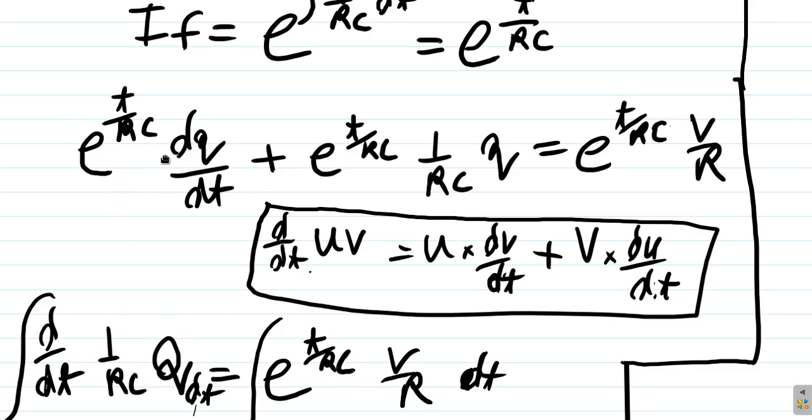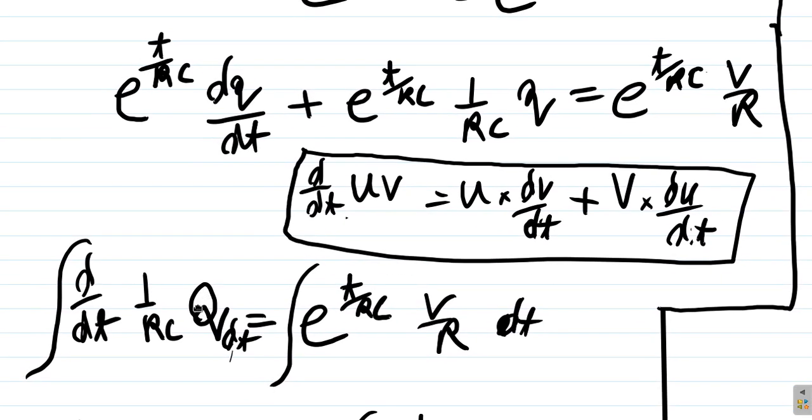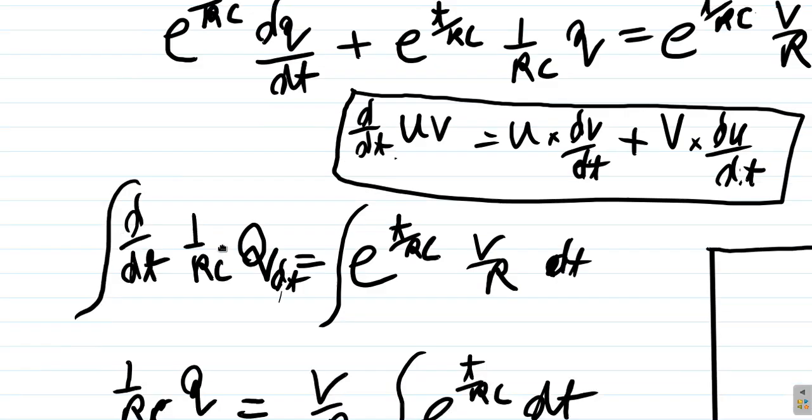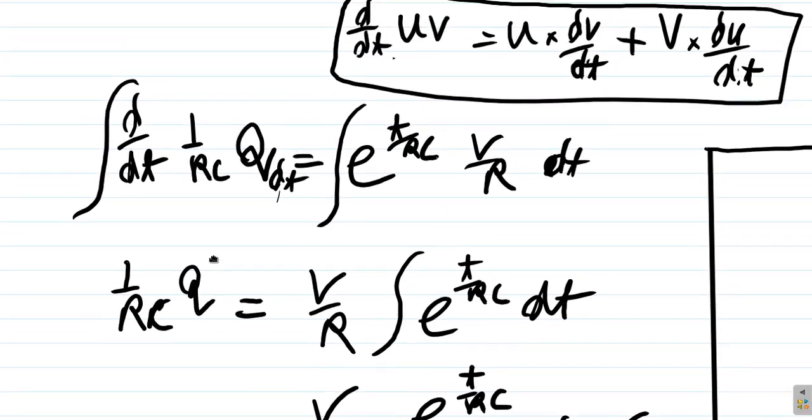E to the t over rc. So what we had here is q, and the other one, oh, I made a mistake here, you know.